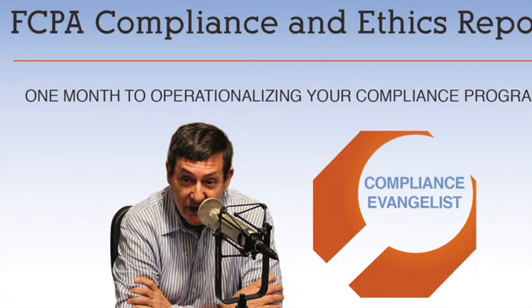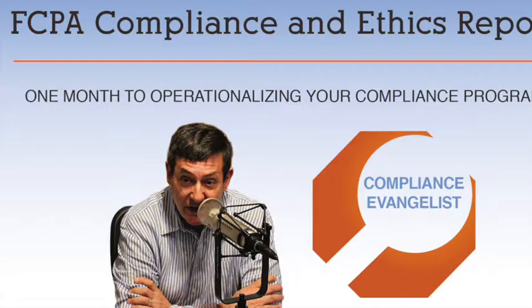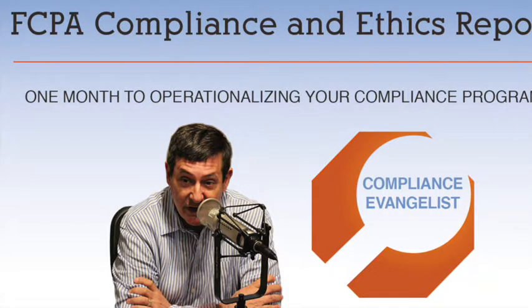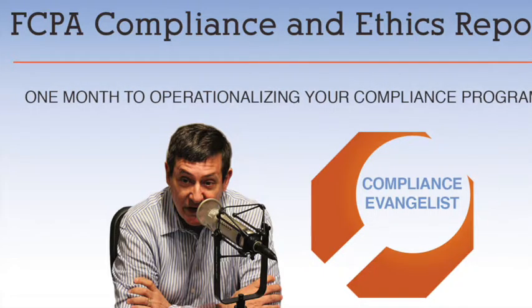The DOJ and SEC in the 2012 FCPA guidance said, internal controls over financial reporting are processes used by companies to provide reasonable assurances regarding the reliability of financial reporting and the preparation of financial statements. They include various components, such as a control environment that covers the tone set by the organization regarding integrity and ethics, risk assessments, control activities that cover policies and procedures designed to ensure that management directives are carried out, information and communication, and monitoring.